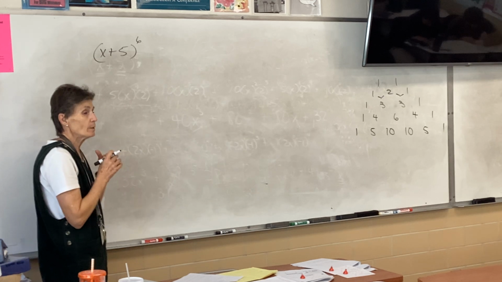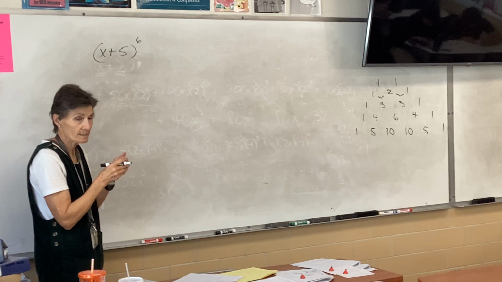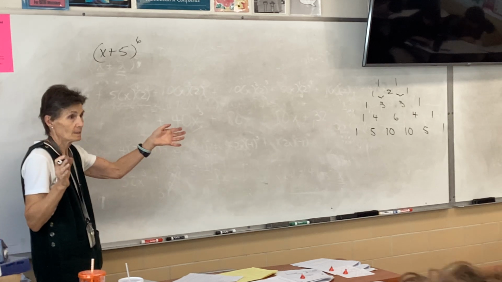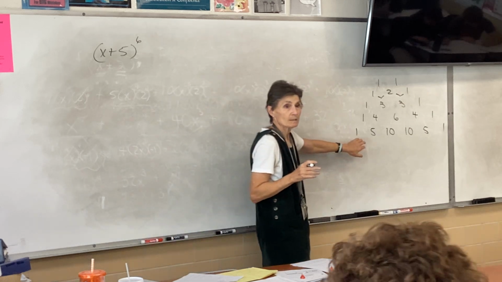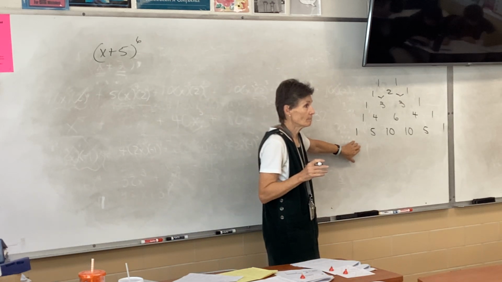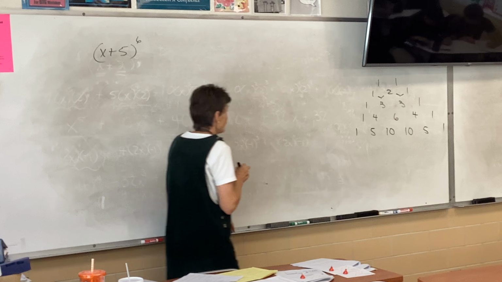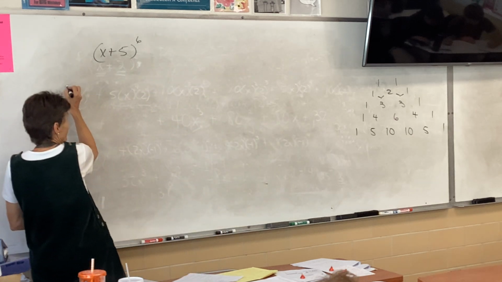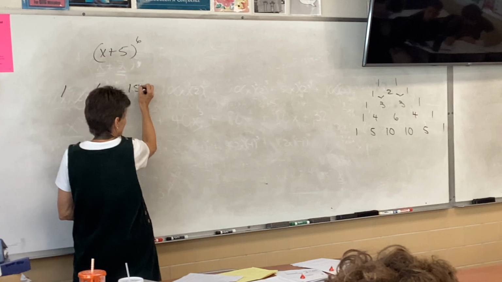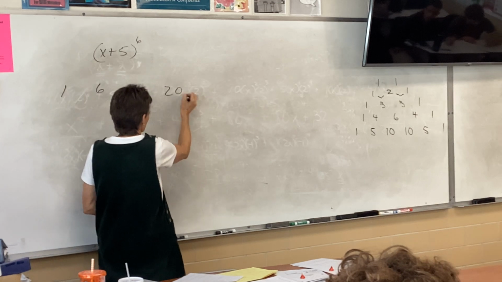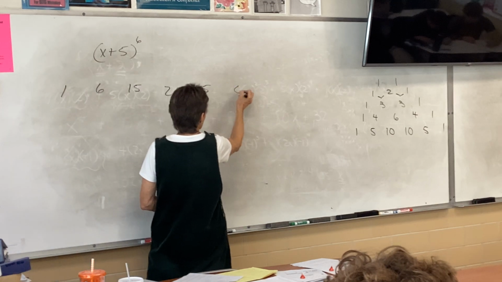If we were doing the whole line, the whole thing, like we just got done doing, we would need the 6th row of our triangle. So what would that 6th row be? 1, 6, 15, 20, 15, 6, 1.